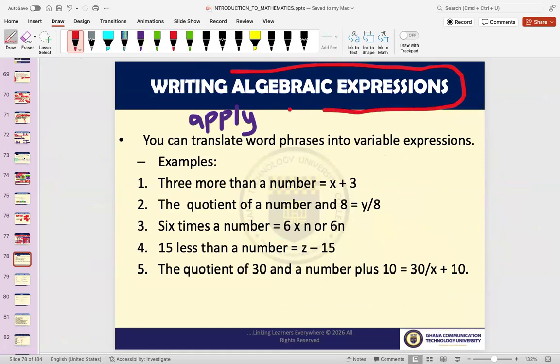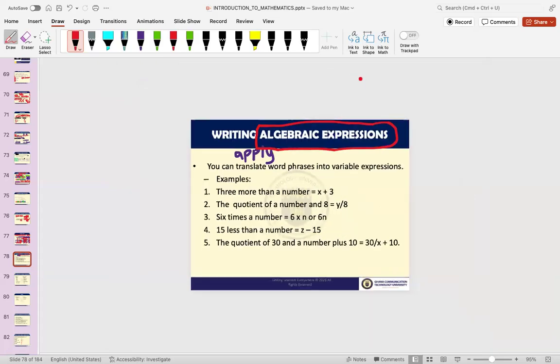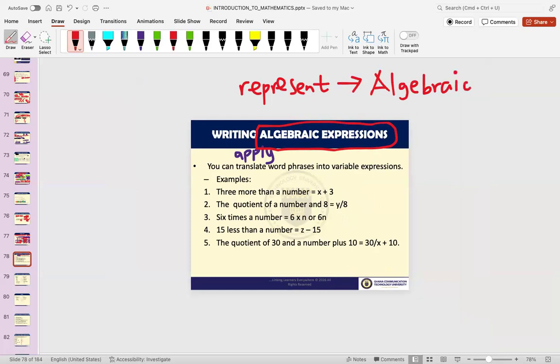In real life, there are a lot of stories. And sometimes the stories we see with algebraic expressions. So this is actually a language, another way of speaking to your audience.